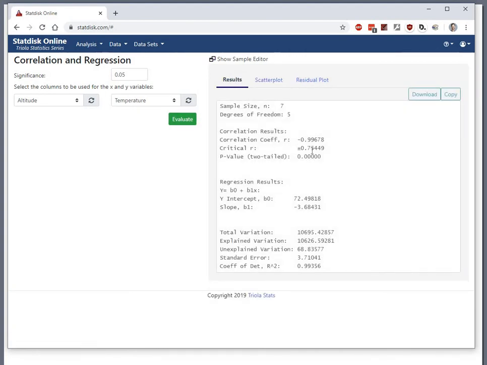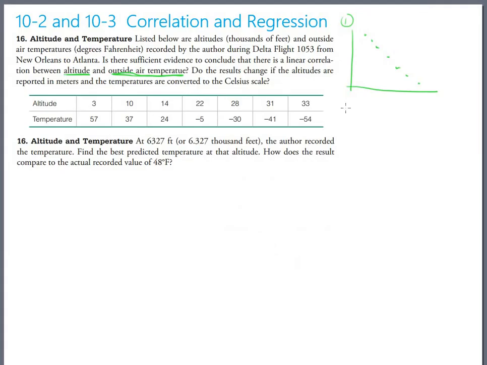The correlation coefficient is negative 0.997. So the correlation coefficient is almost 100%, which is not surprising, right? This is so close to being perfectly lined up. And it's negative because it's going downward rather than going upward, which would be positive correlation.